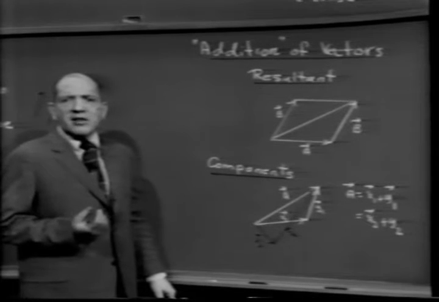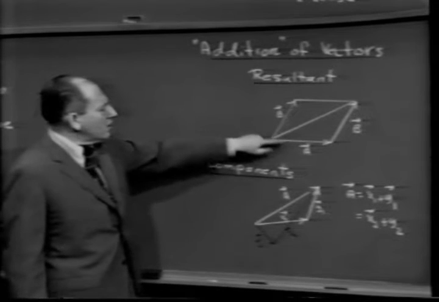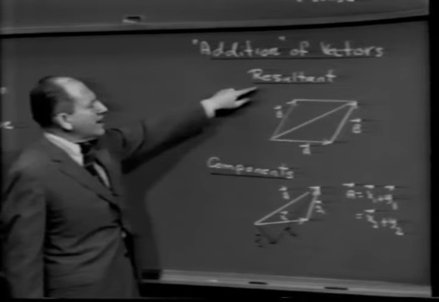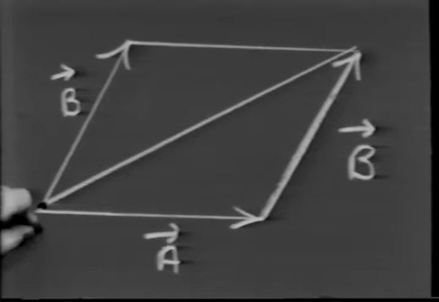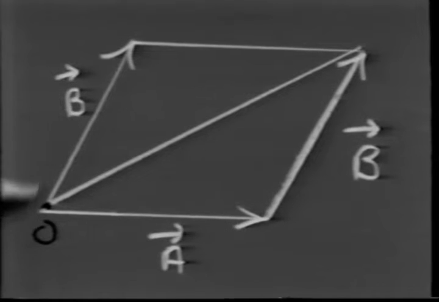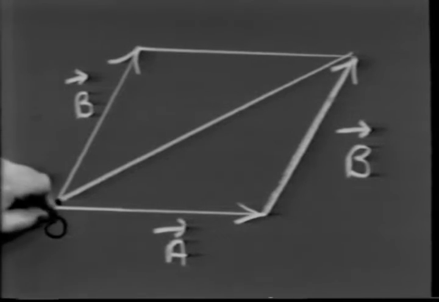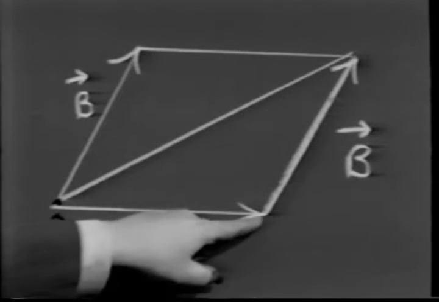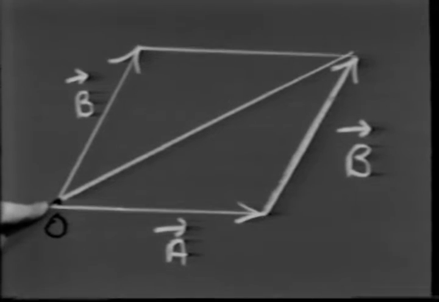But since our aim is to solve problems of the real world, why not pick a definition that has already been used in physics and in other applications, the thing called the resultant? For example, given a point O and two forces represented as arrows, A and B, acting at O, we have agreed, or you may recall, that the resultant force is the vector that forms the diagonal of the parallelogram which has A and B as consecutive edges.